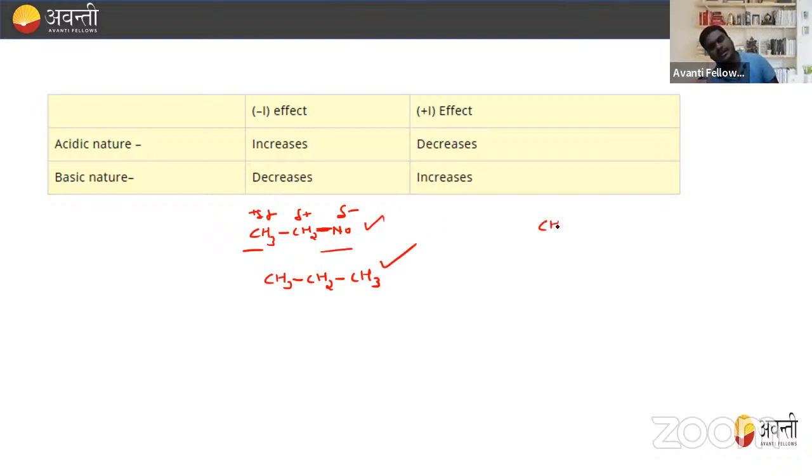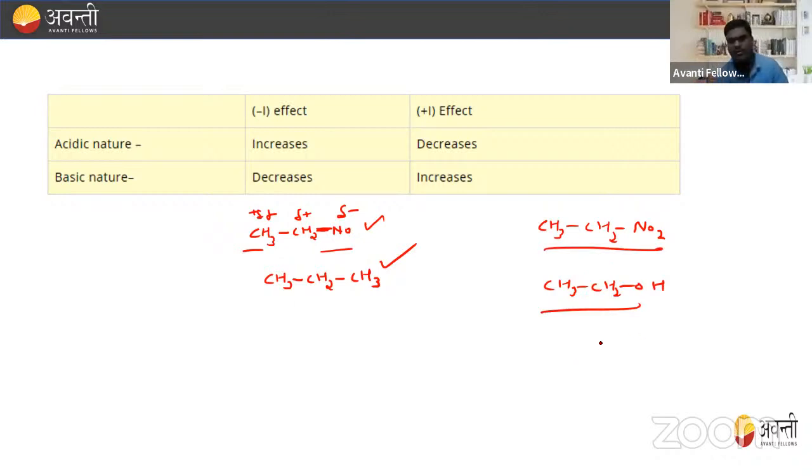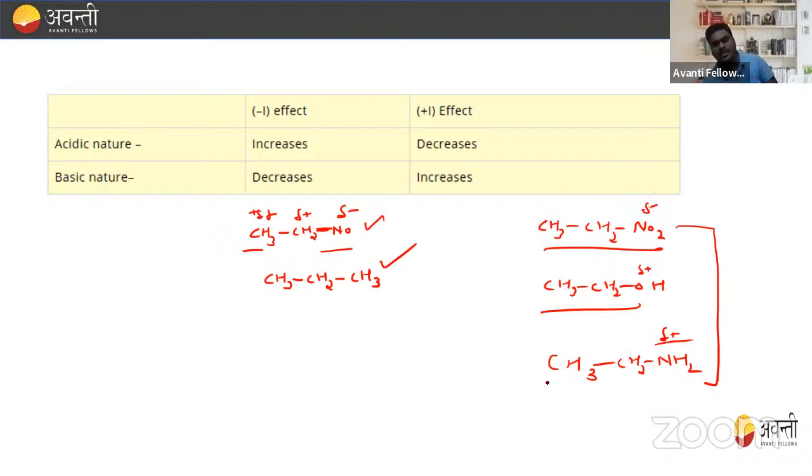On similar lines, if we have CH3CH2NO2, CH3CH2OH, and CH3CH2NH2, and out of these three we want to know the correct order of basicity, which will behave as a good base, we know that this will show the minus I effect, this will show plus, and this will also show plus I effect, right?